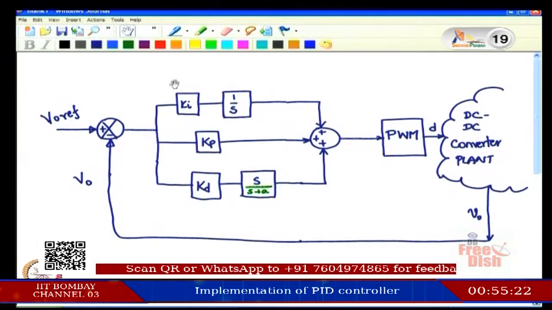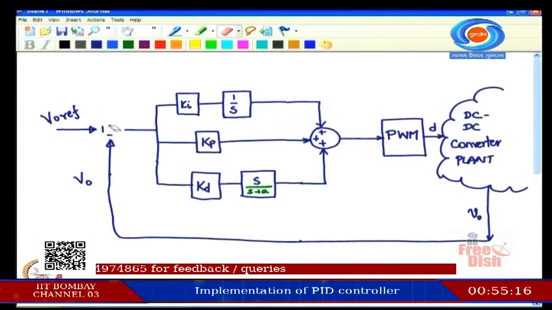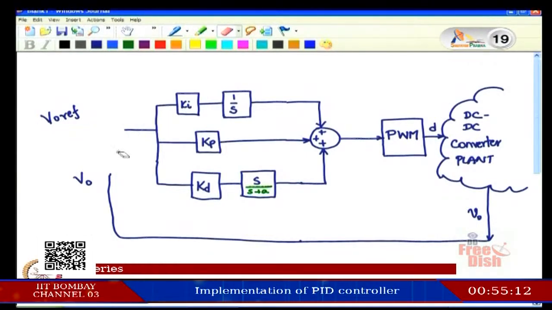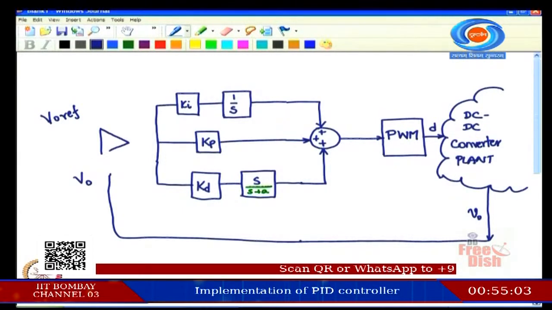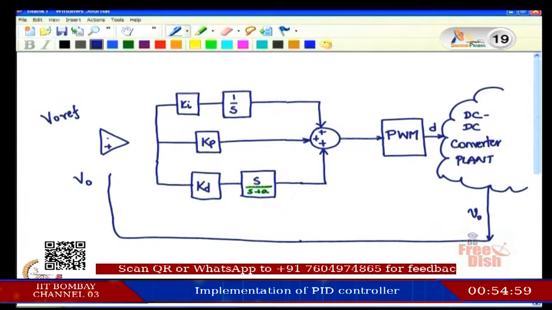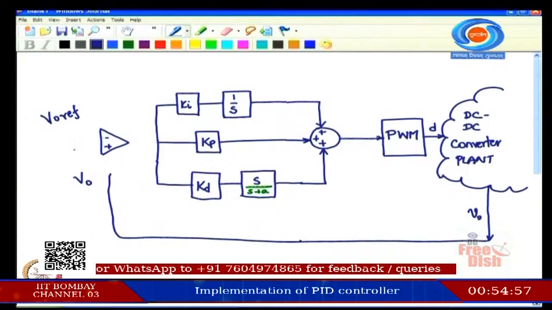So, first what we did in the last class was that we replaced the comparator portion with an op amp, a differential op amp. Let us say this is the plus and this is the minus.